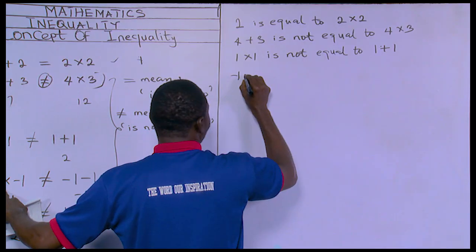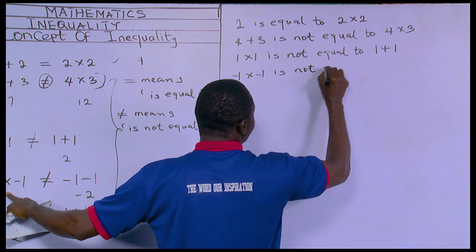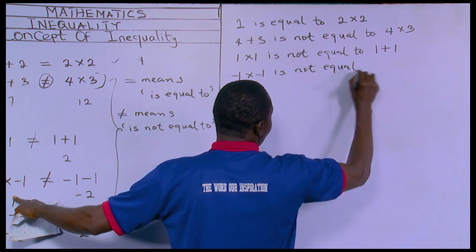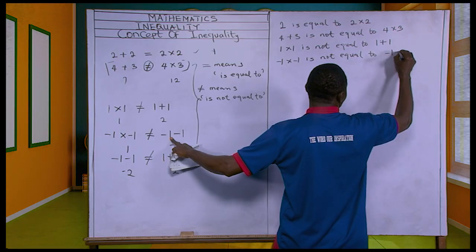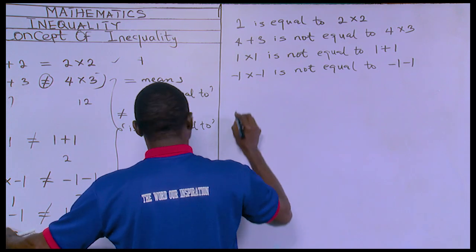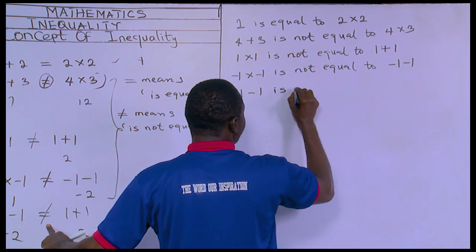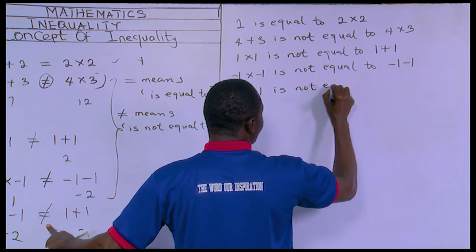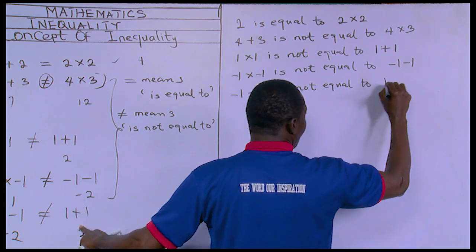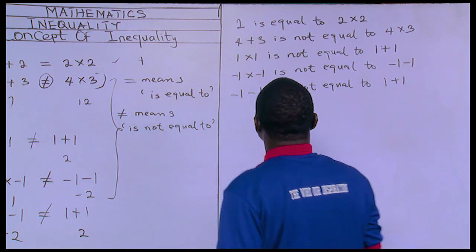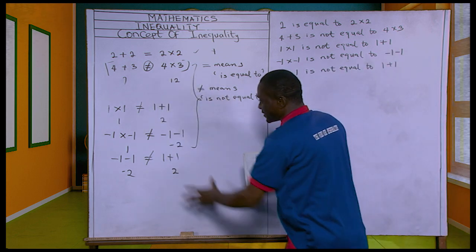Minus 1 multiplied by minus 1 is not equal to minus 1 minus 1. Minus 1 minus 1 is also not equal to 1 plus 1. So this is how we are going to write them in statements.